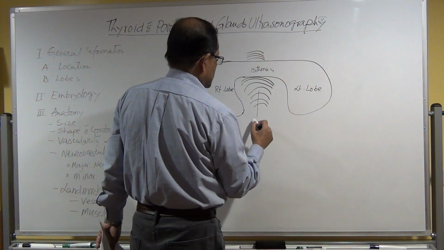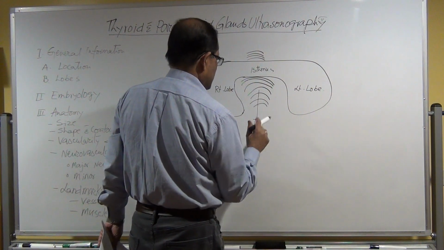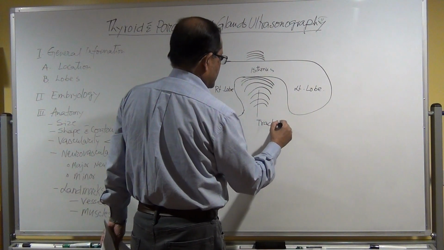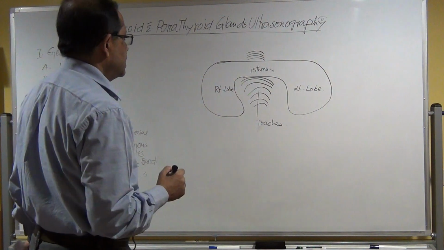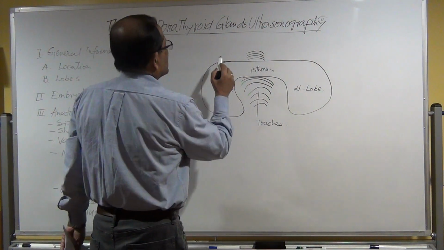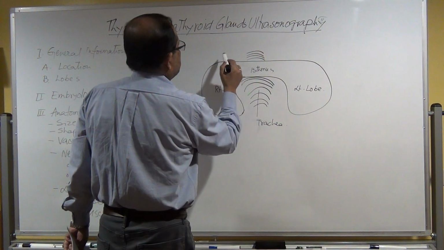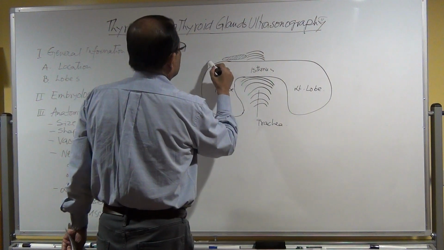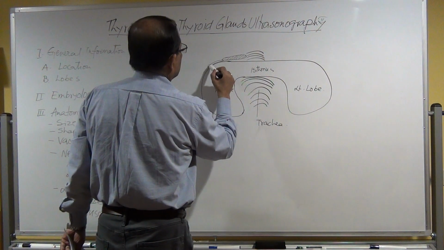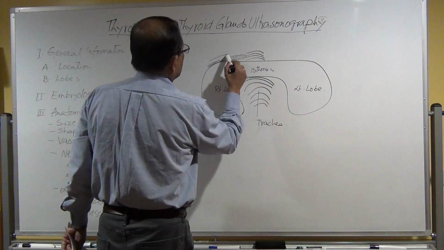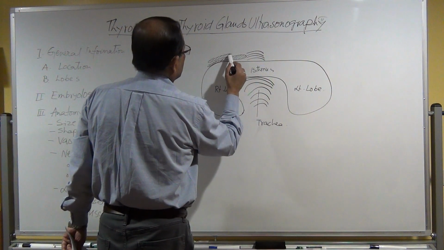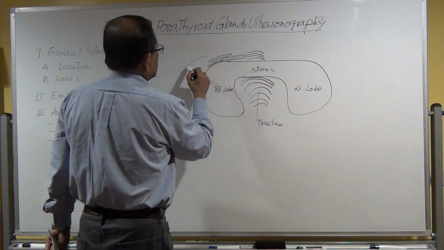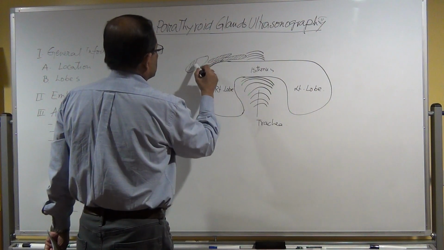Okay, so this is trachea. The strap muscles, you will see the strap muscles, and you will see the sternocleidomastoid muscles.